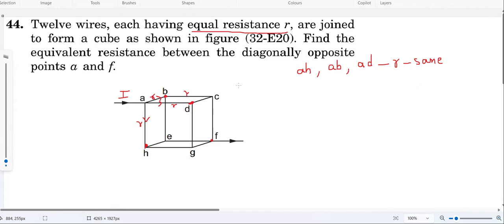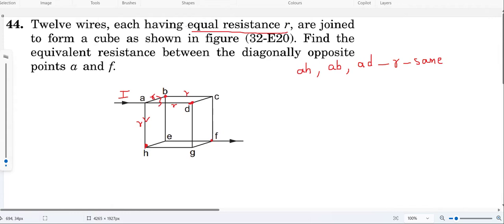So I by 3, I by 3, I by 3 means AB, AH, AD must be in parallel because all these three branches have the same current, equally distributed. They are not at all in series.